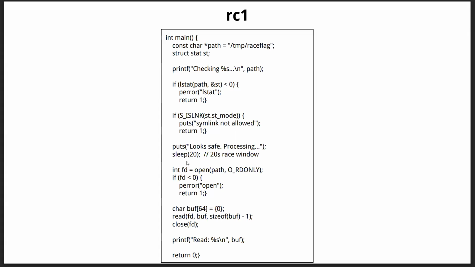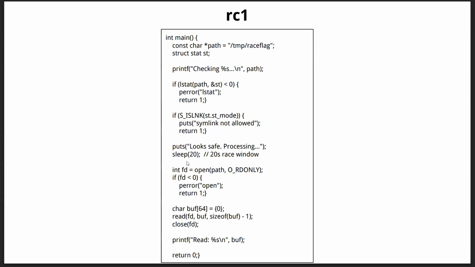You cannot get the flag, right? So the idea here is very simple. You are going to change that file into a symbolic link to link to the flag. The check here is that it cannot be a symbolic link. If it's a symbolic link, it will exit. But between the check and the read, there are 20 seconds.